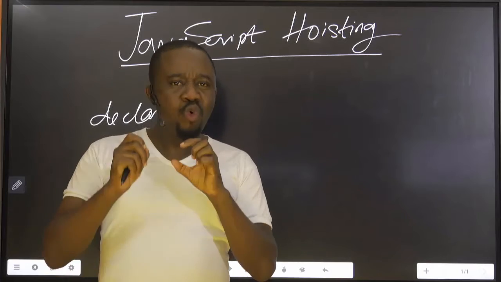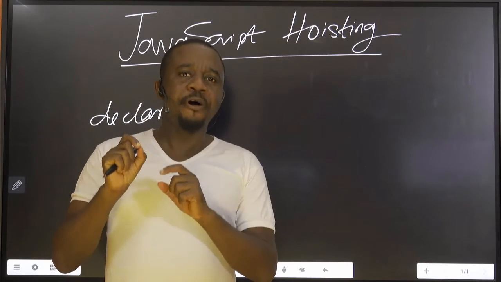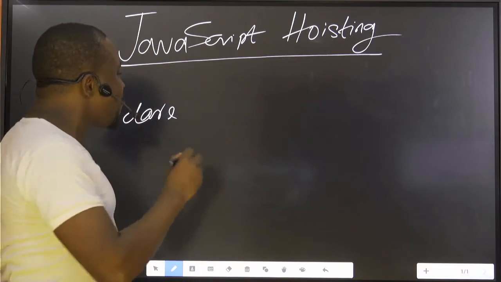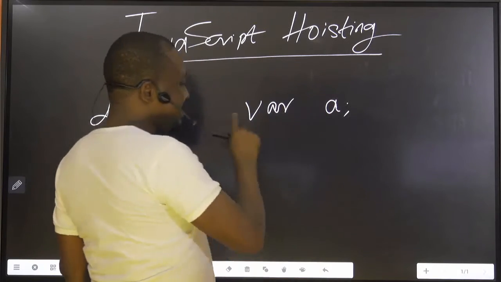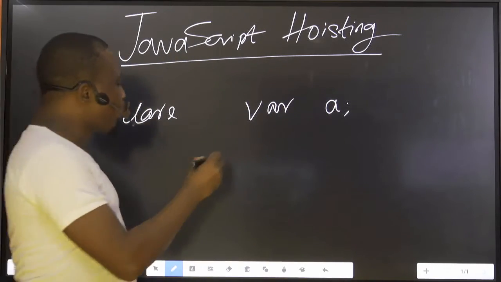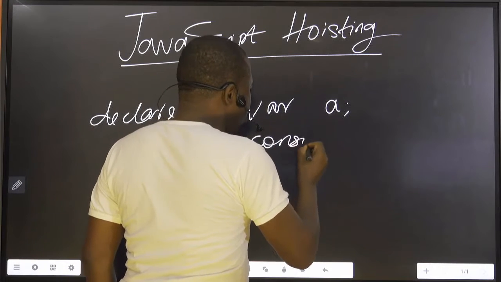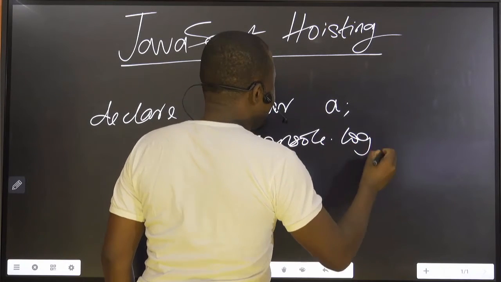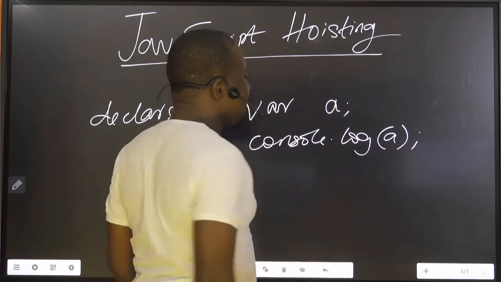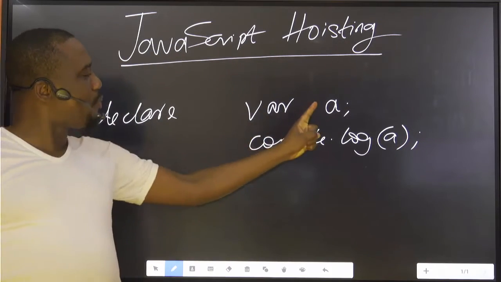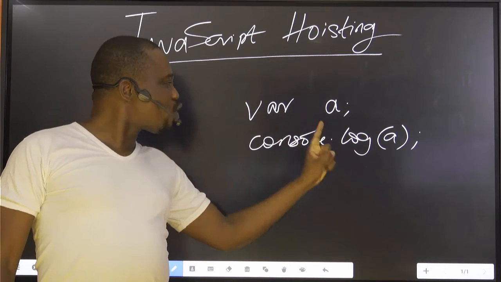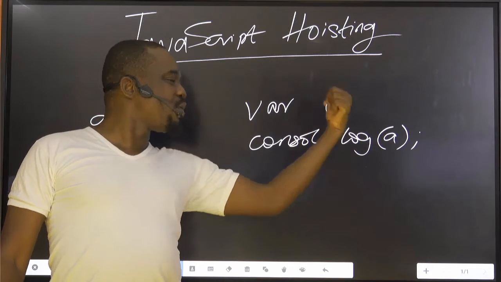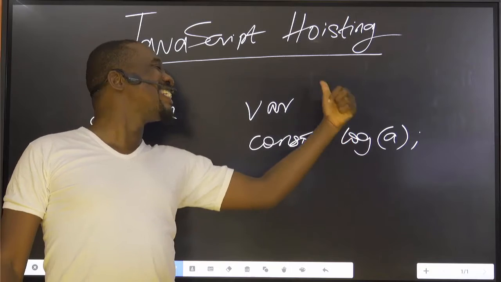Another thing we must know before we continue is this. If you declare a variable like this, and you do console log a, this variable is declared. Because we have not put any value here, we say it is not yet initialized.